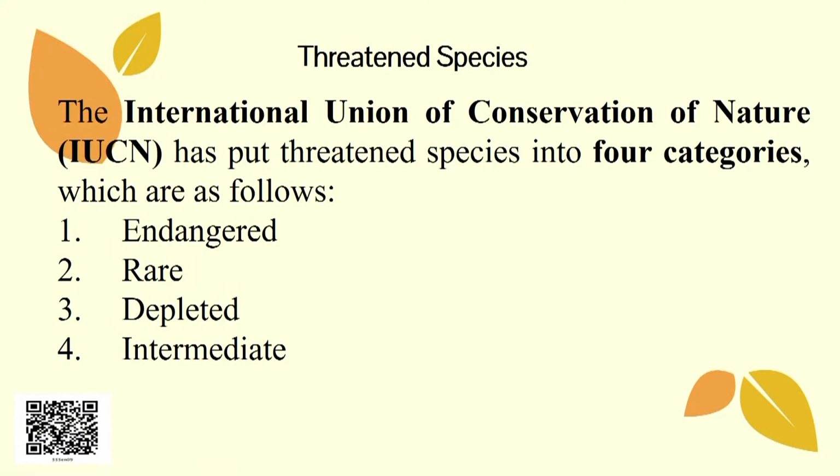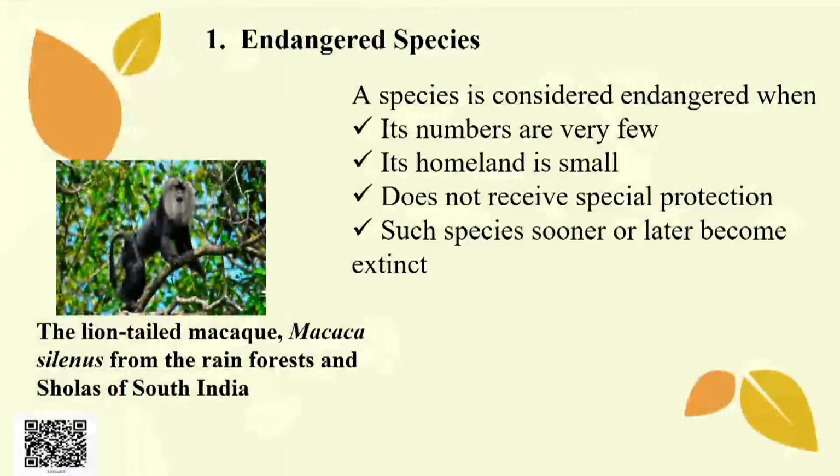IUCN, the International Union for Conservation of Nature, has put these threatened species into 4 categories, which are known as endangered, rare, depleted and intermediate.